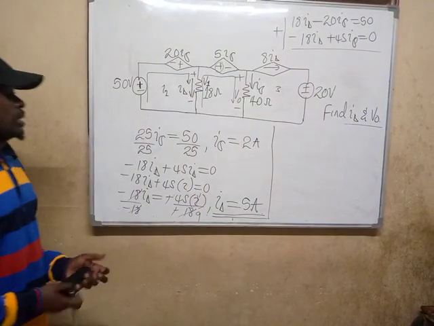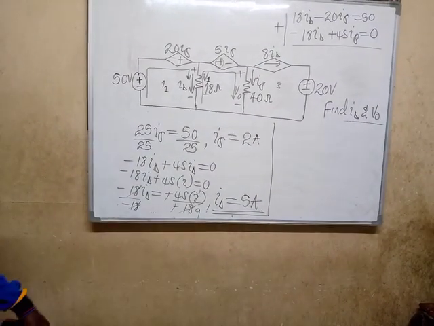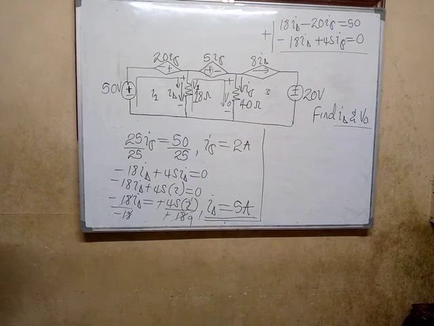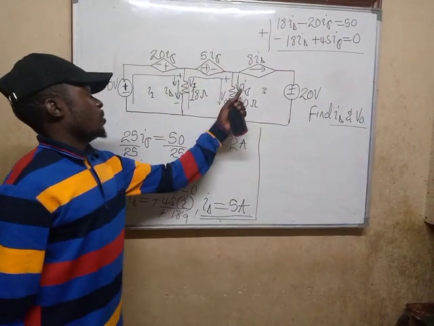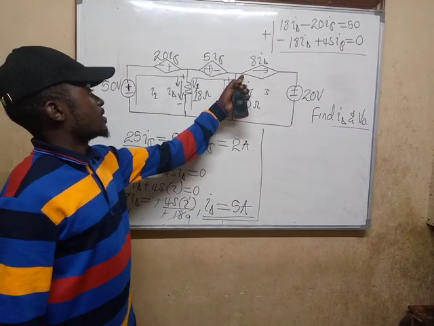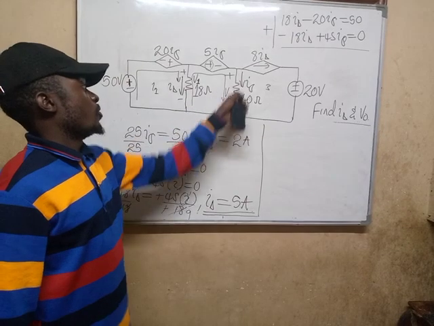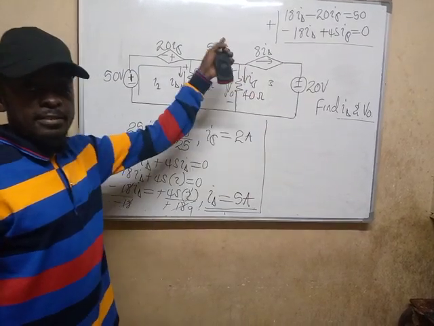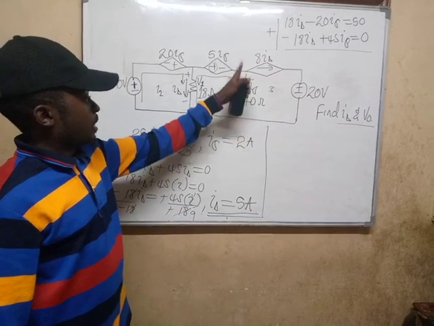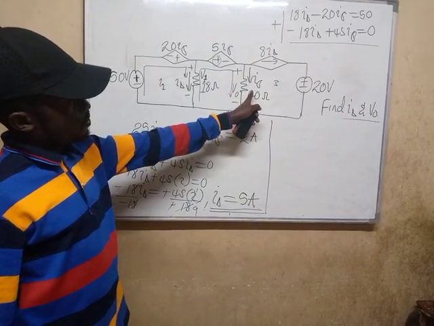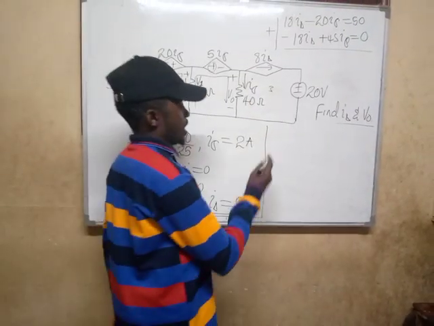So what else? I'm sure we have been asked to come up with VO. What will be the value of VO? It is simple. We now know the current flowing through this junction, which is I sigma, the current going through the 40 ohm resistor.